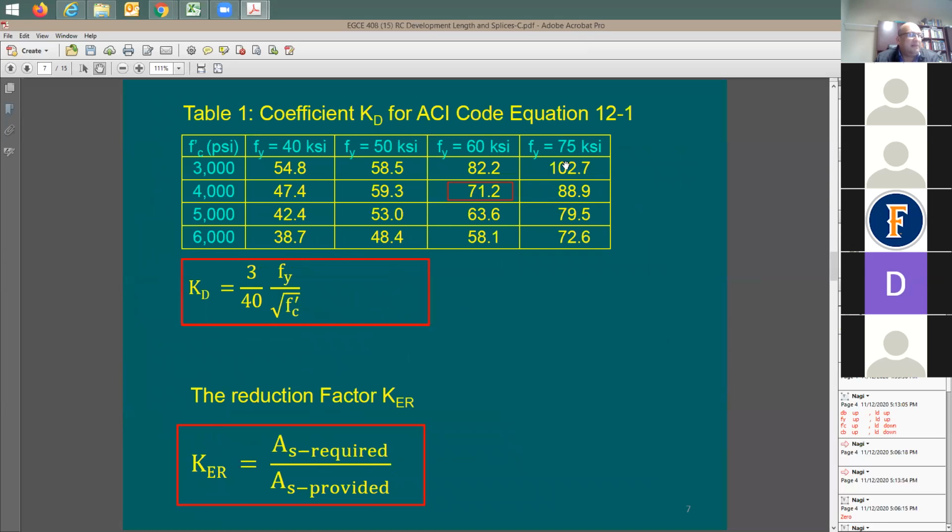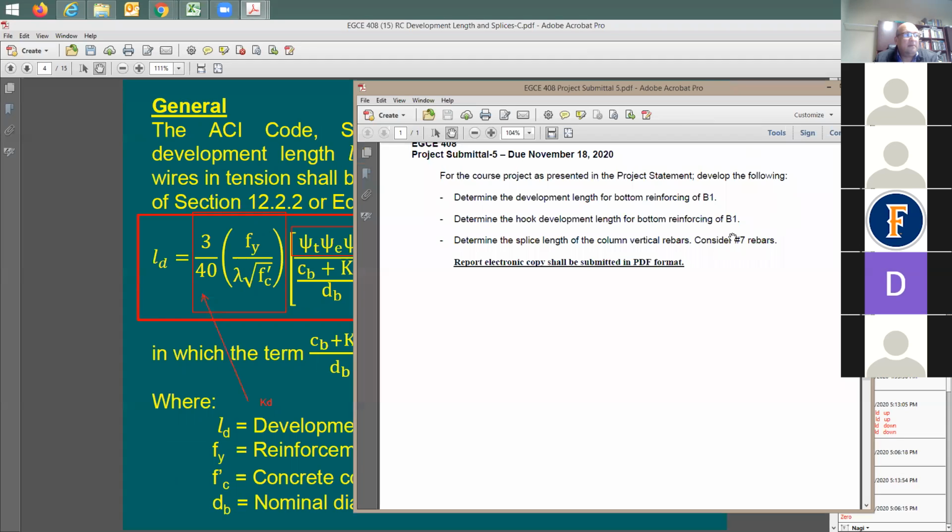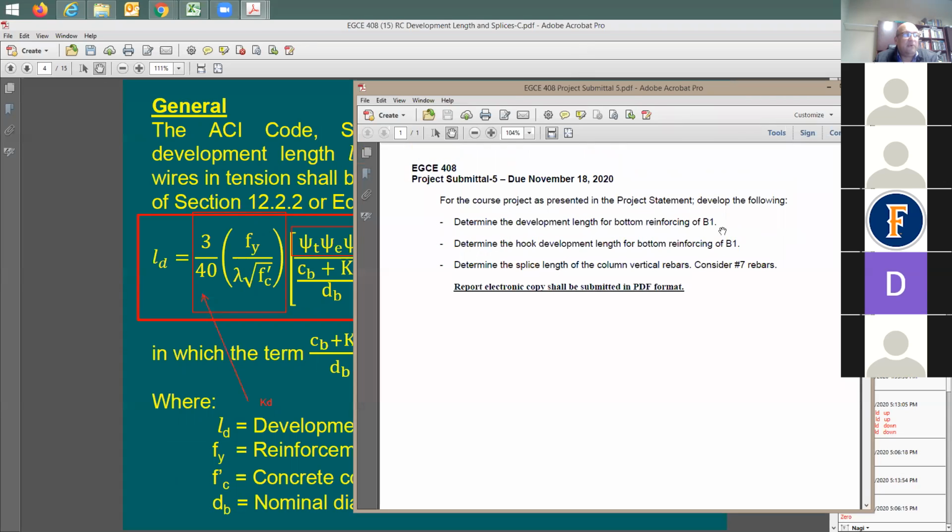Excuse me, that number 7 is for columns only, huh? I don't have the statement right next to me, but hold on. The reason for B1 top and bottom that I didn't mention is because everybody can have different rebar size.